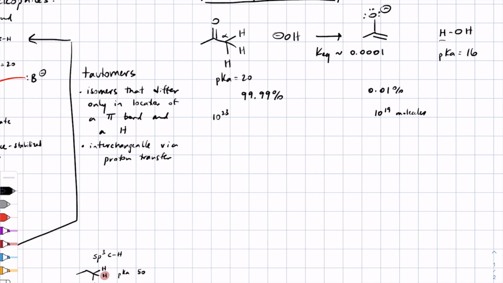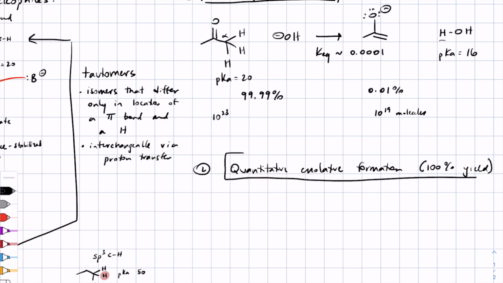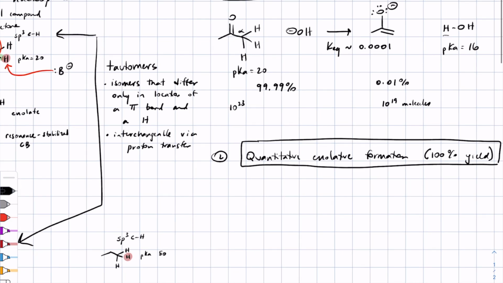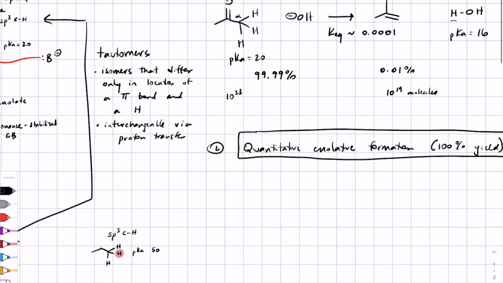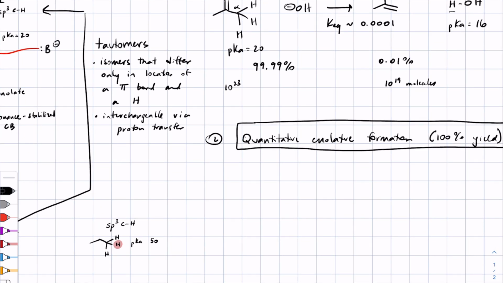You have a second option for enolate formation, and we're going to call that quantitative enolate formation. When organic chemists say quantitative, they mean 100% yield. And of course, everybody wants reactions that are quantitative. Let me give you the same ketone starting material, but we're going to use a different base.